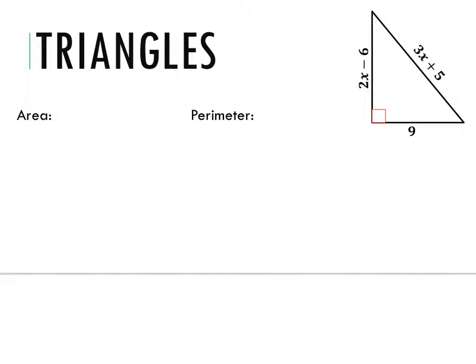All right, going back to triangles. So here's a triangle. For here, your base is 9. And your height is this straight edge here, 2x minus 6. So to find the area, we'll take base times height, and we take half of it. So divide it by 2.